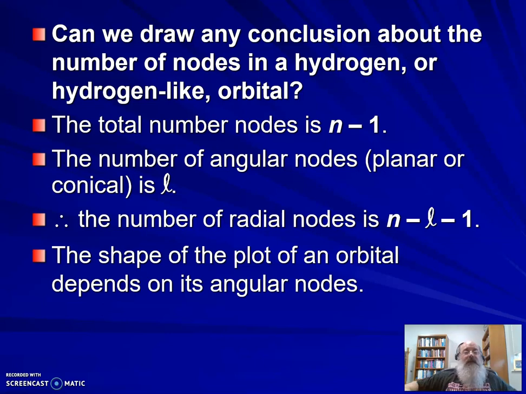And then the shape of an orbital depends on its angular and radial nodes. And we can plot that orbital based on its nodes, and we've seen the pictures and the examples that we've looked at already.